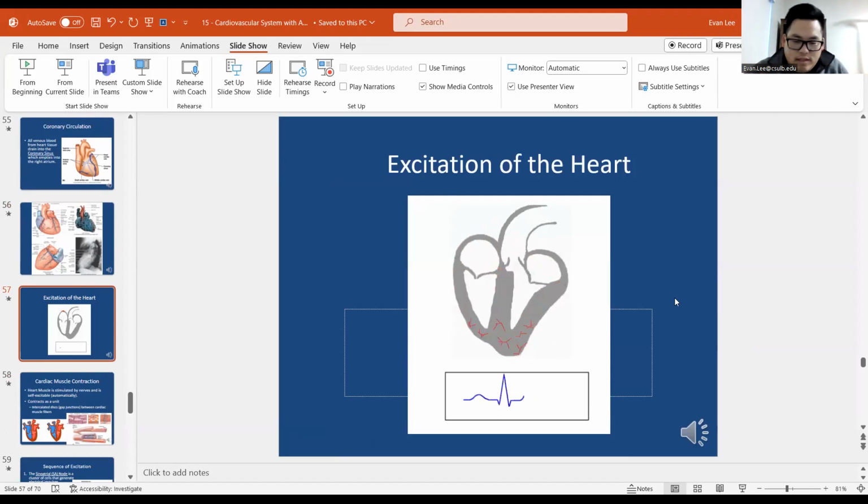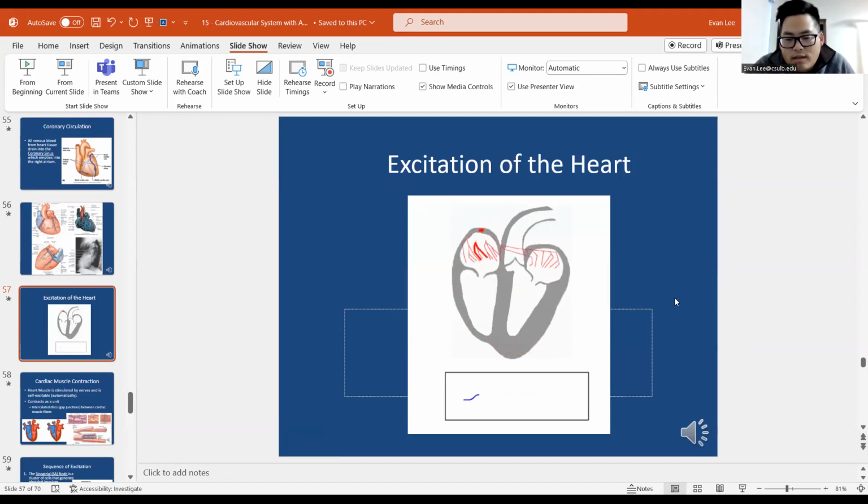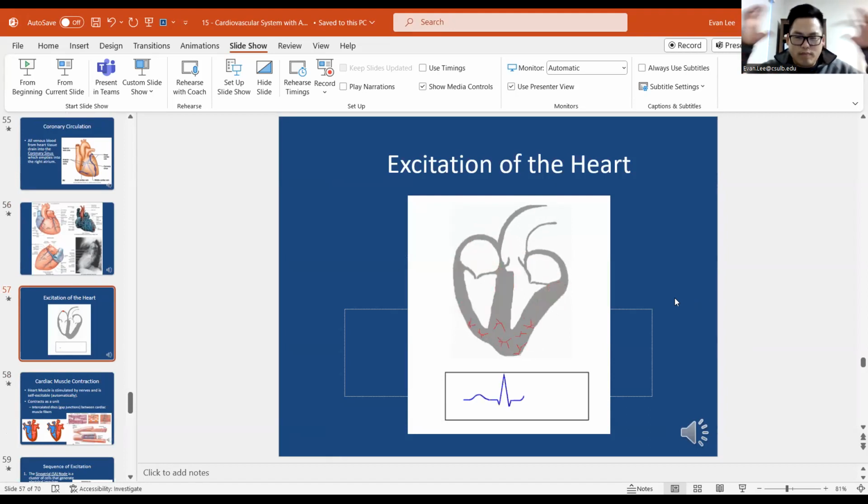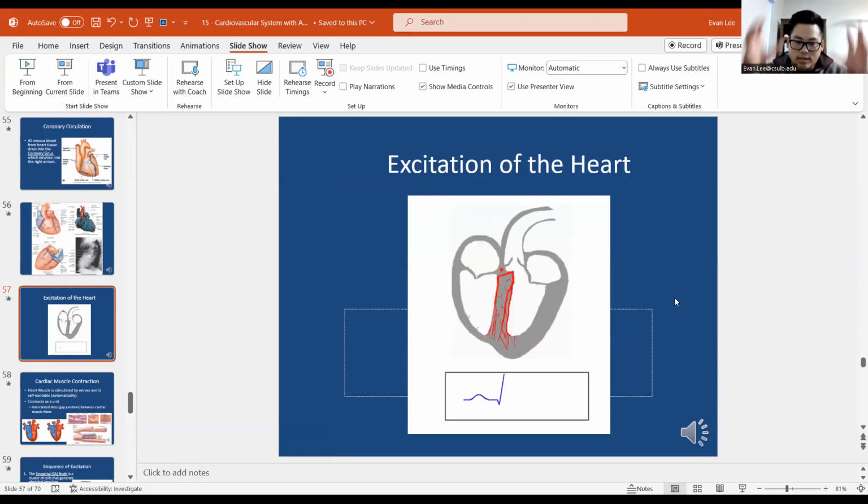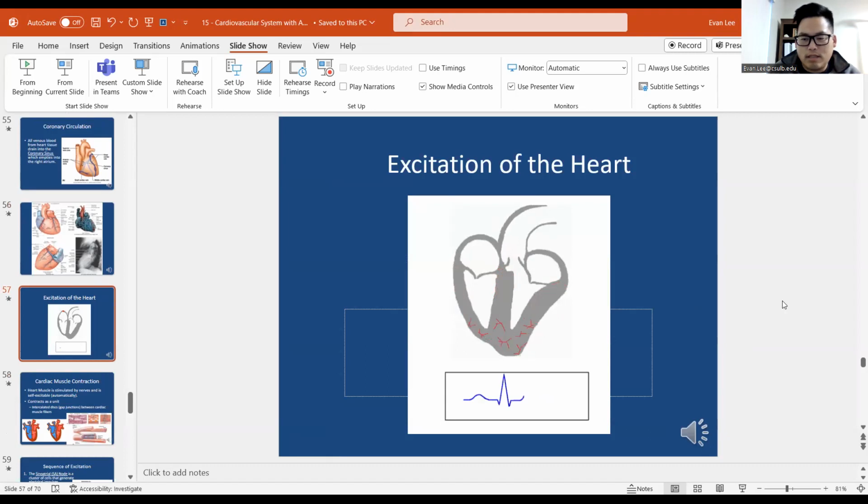But something to note is that it is contracting in sequence. It's not all at the same time. It's not just one big contraction. It's actually contracting one part at a time, and that's crucial for how the heart contracts. So let's go ahead and see that as we look at the electrical conduction.